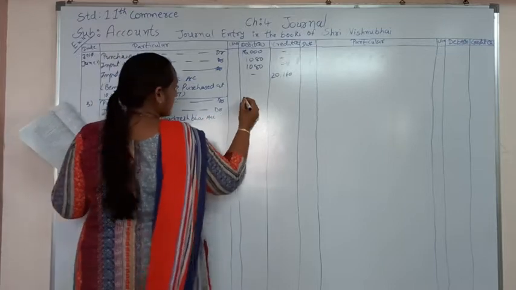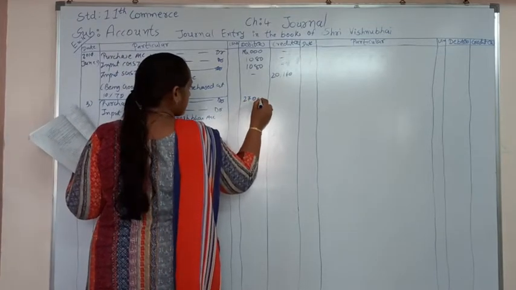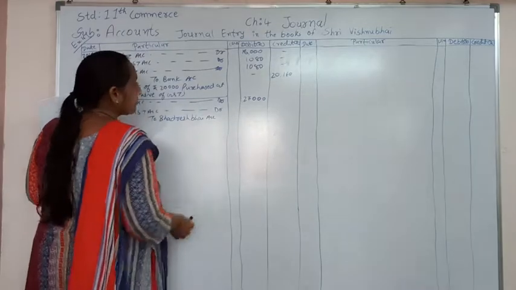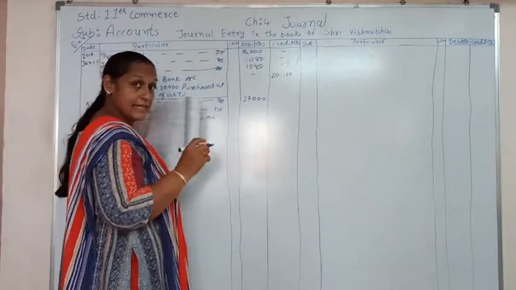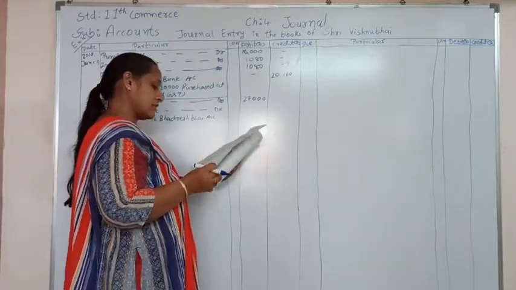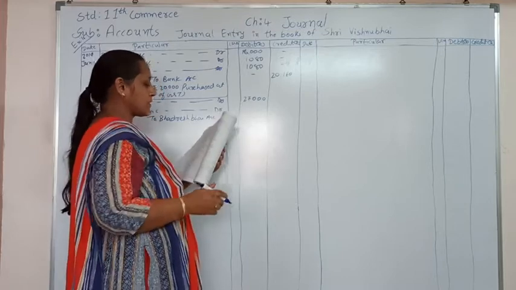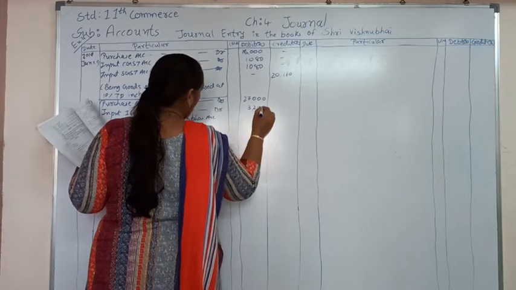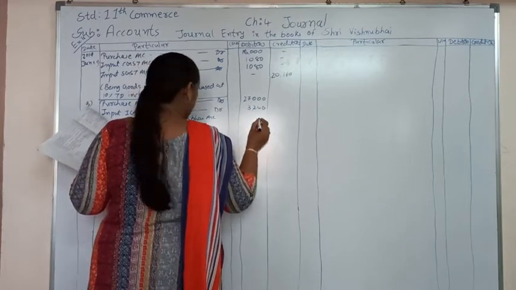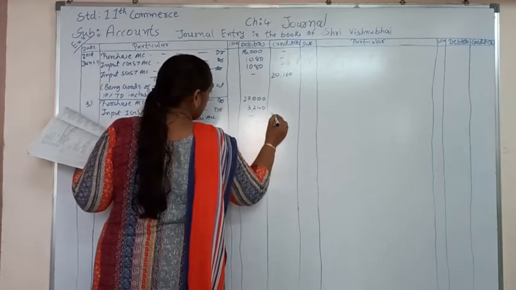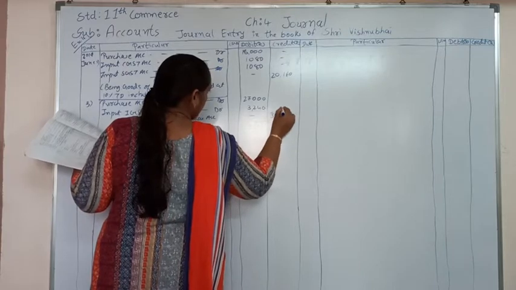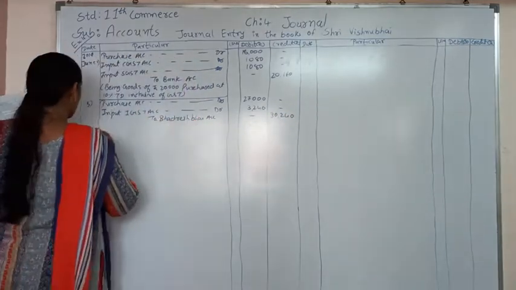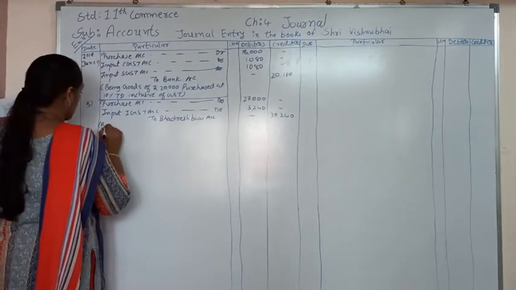Here 30,000 less 10%, that is 3,000, so the amount will be 27,000. The GST rate is 12%, so 12% of 27,000 will be 3,240, and the total amount will be 30,240, which we are going to pay to Bhadresh Bhai in the future.